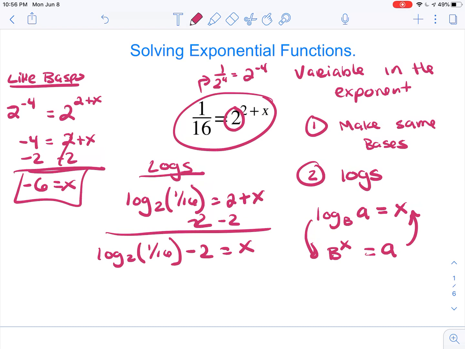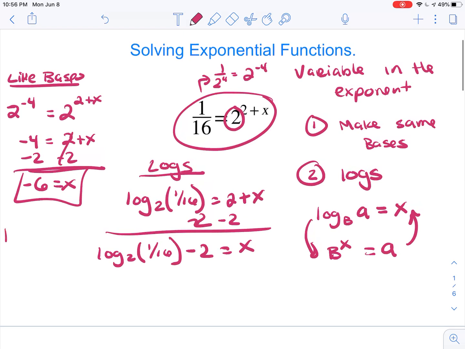Now, if this log doesn't work out to a nice number, that would be considered your exact value. But we already know that the answer is negative 6, so it should still work out to negative 6. Just in case you forgot, in order to get the log with the blank box here and the blank box there, you have to press math, and scroll all the way down to log base with the parentheses.